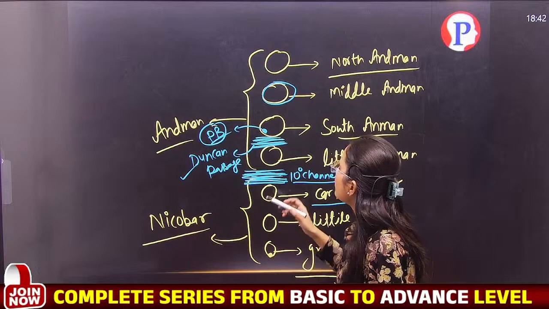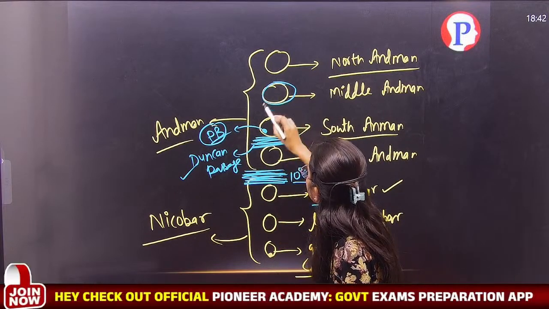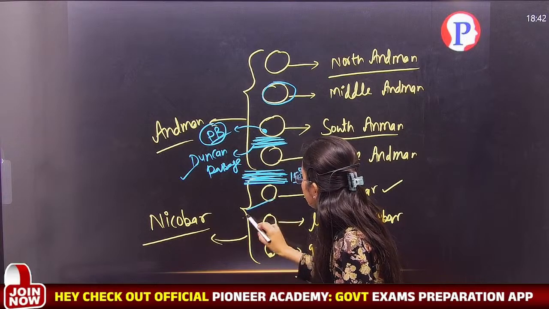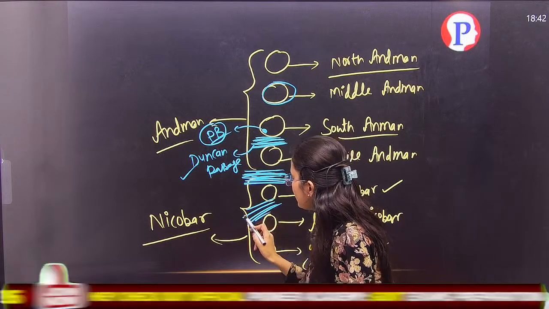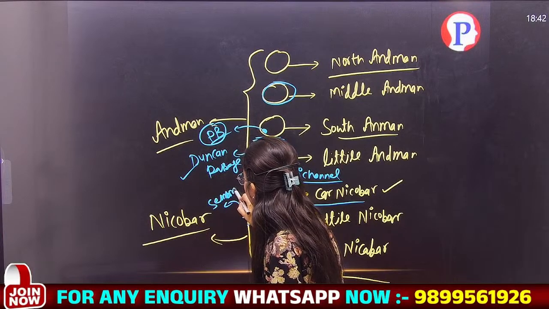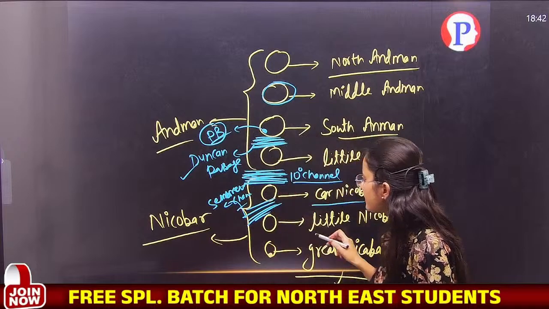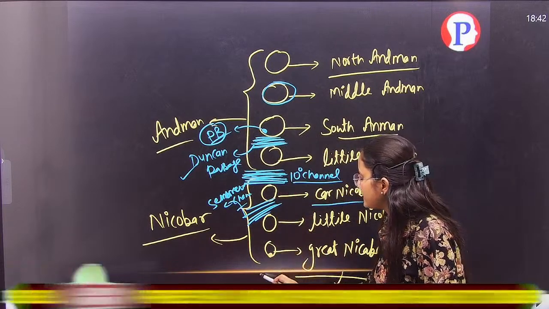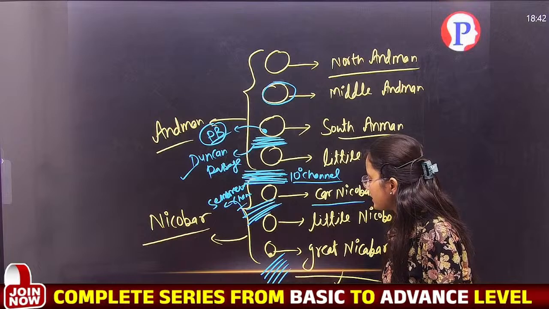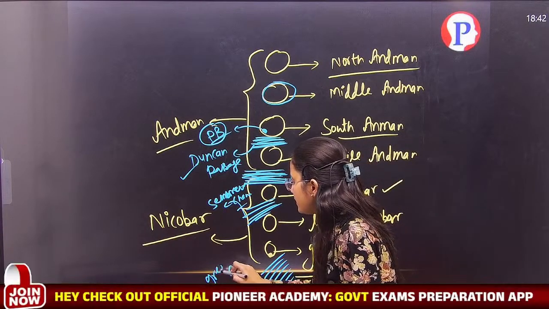Now, the Sombrero Channel is located here, between Car Nicobar and Little Nicobar, and this channel is called the Great Channel.